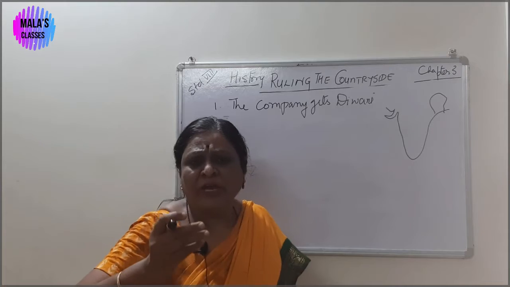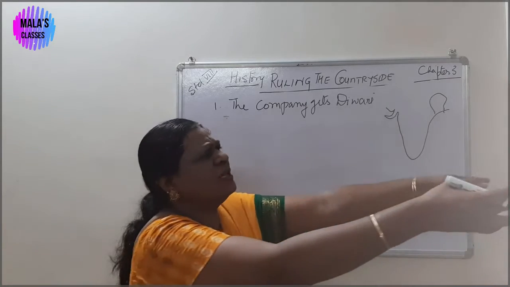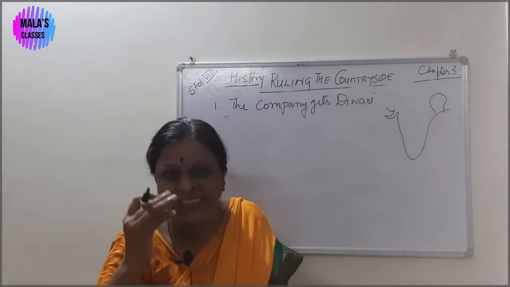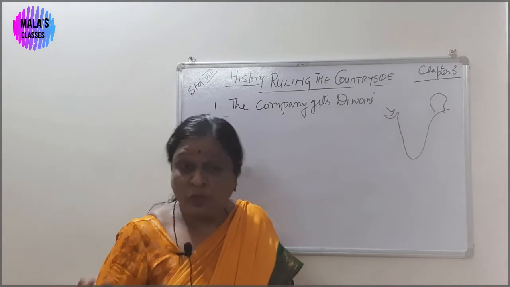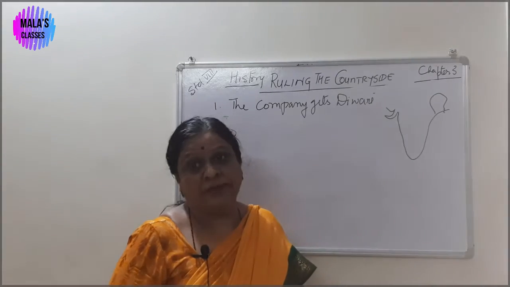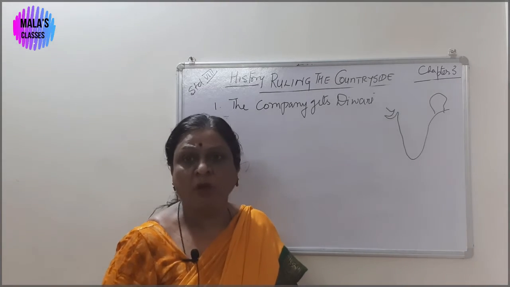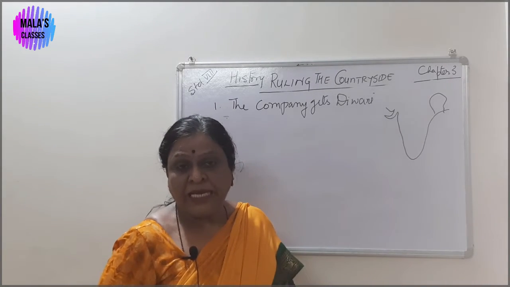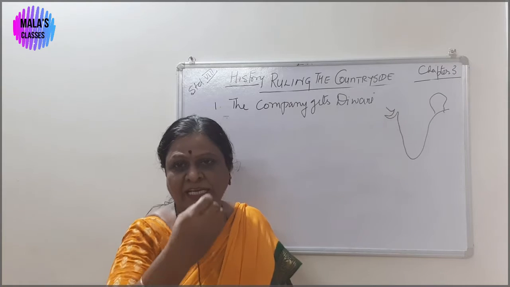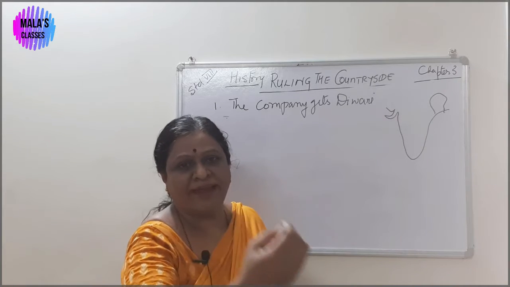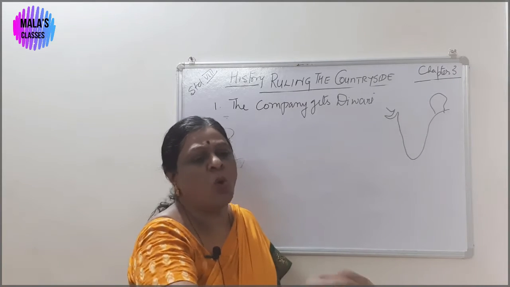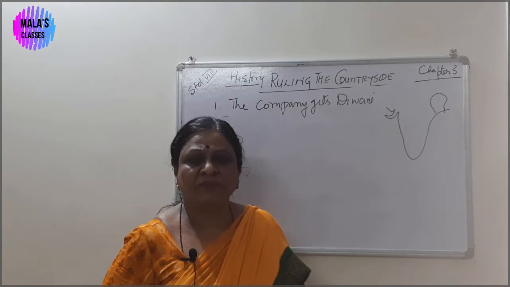So how to collect revenue? You can't just go and say, okay, give me money. There has to be a system. Understand? So they used their brains. They're very smart people. They started collecting regular rent or revenue from all the people who own lands.